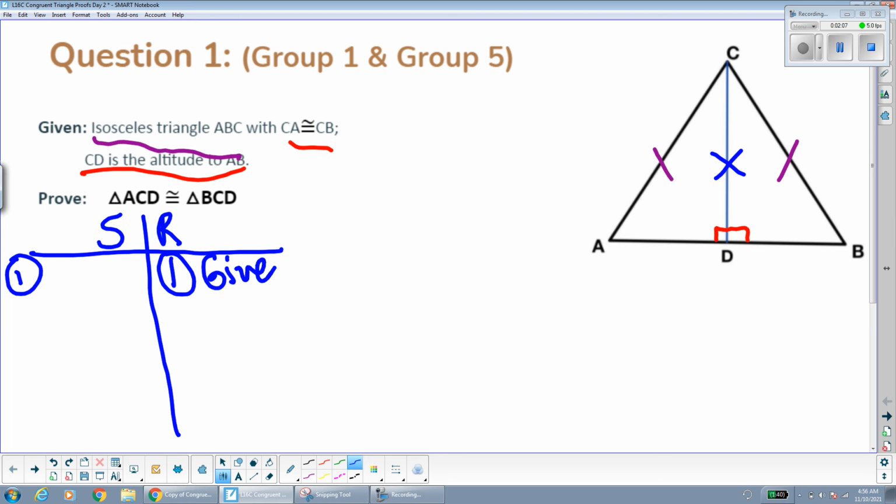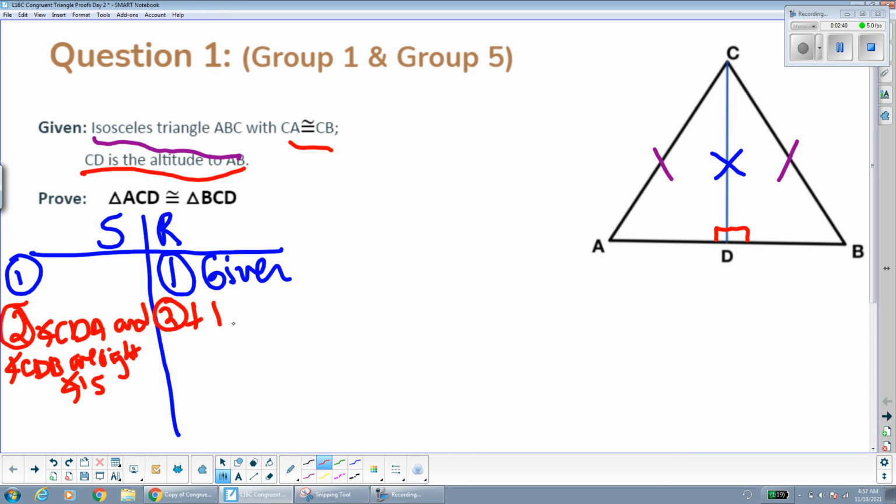One is our givens. To save some time in this video, I'm not going to write all the givens down, but you definitely should write them down when you are working on a test or a homework assignment. We said after our givens that we had two right angles. So I'm going to write angle CBA and angle CDB are right angles, and that's because perpendicular lines form right angles.